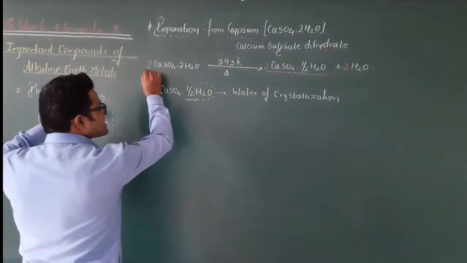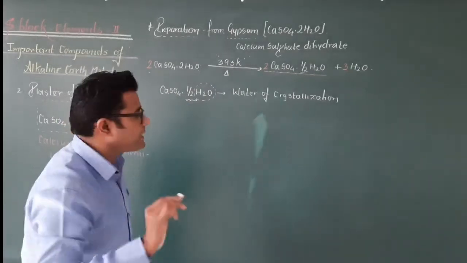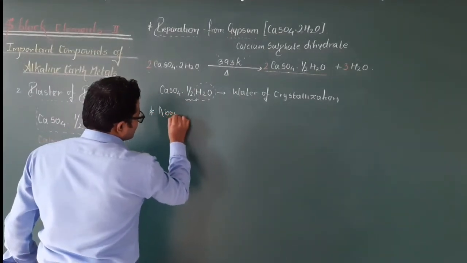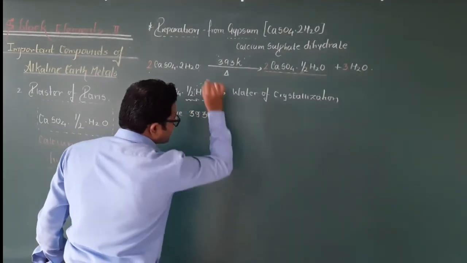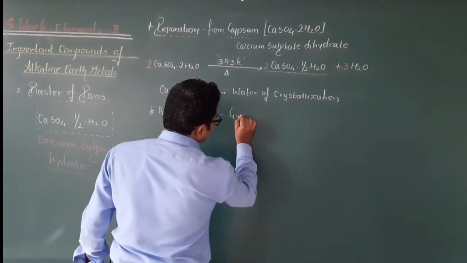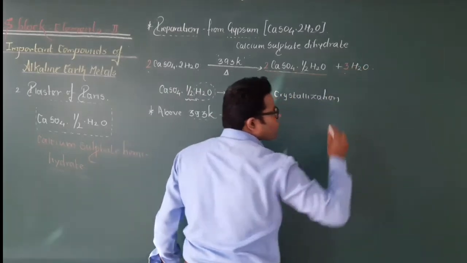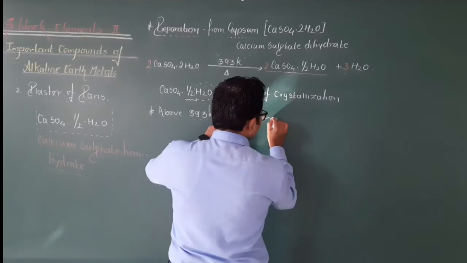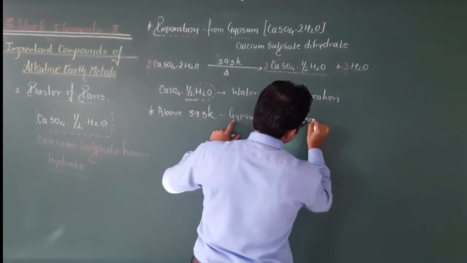Now, if we take this gypsum salt and heat it above 393 Kelvin, what is going to happen is this gypsum will not only lose 3 water molecules, rather it will lose all the water molecules.